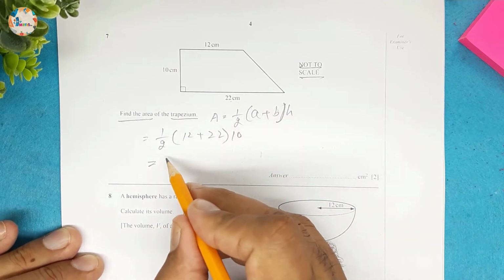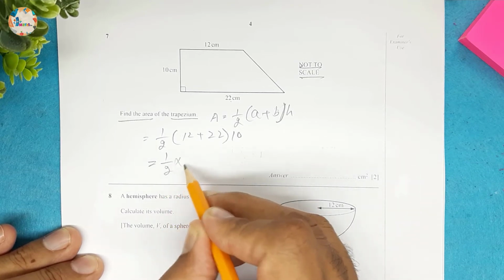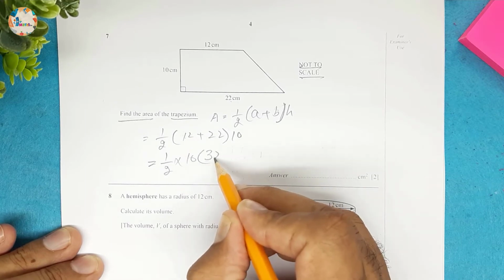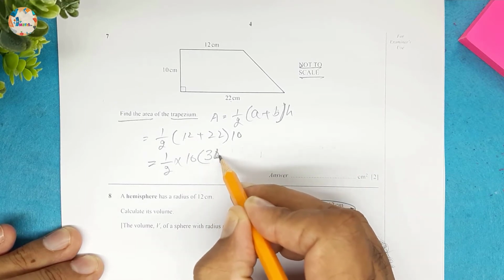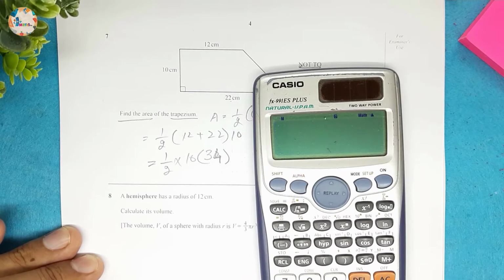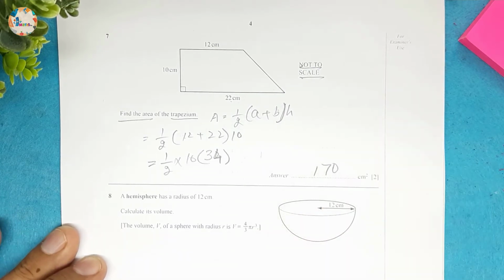Inside will be 34. Now we can solve with the help of a calculator: 0.5 into 10 into 34 results in 170. So the answer will be 170.